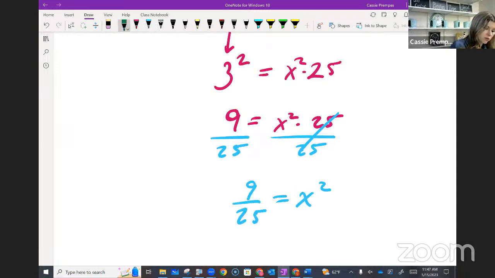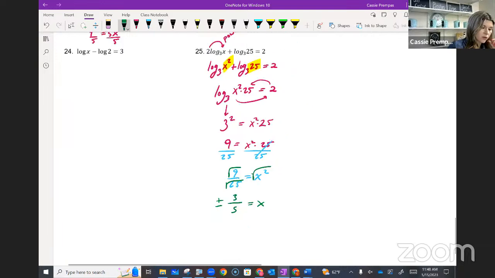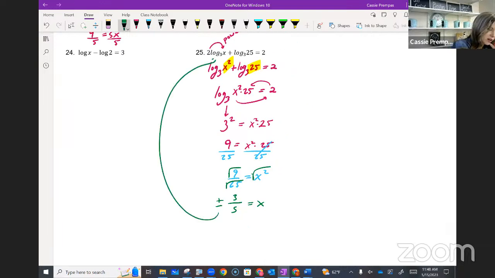Square root. When you take the square root of a fraction, yes, you square root the top and bottom. What's the square root of 9? 3. What's the square root of 25? 5. Usually, we have to remember the plus and the minus. We cannot take the log of a negative, so we cross off that minus.